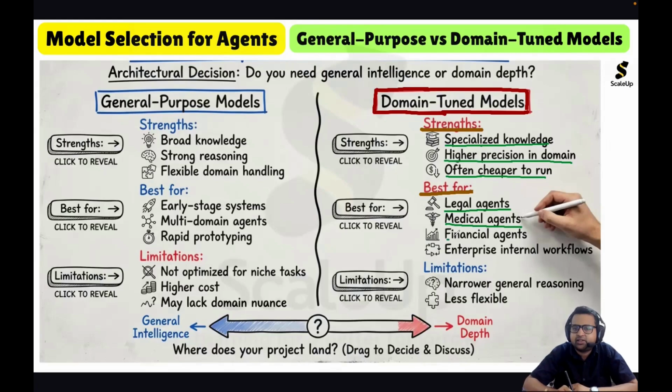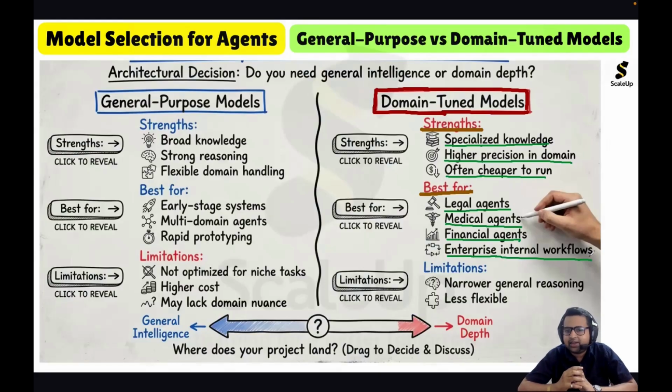Financial agents will be specialized in the financial domain. And enterprise internal workflows, because in any organization, any company, any enterprise, the internal working might have certain nuances, certain specializations. That can very easily be handled by domain tuned models.